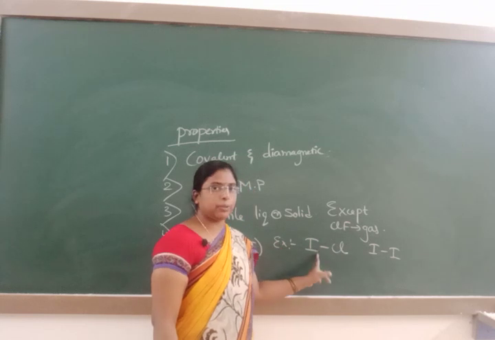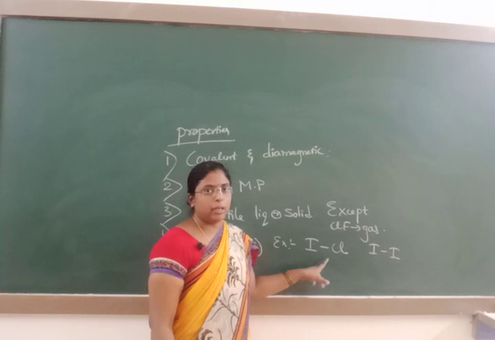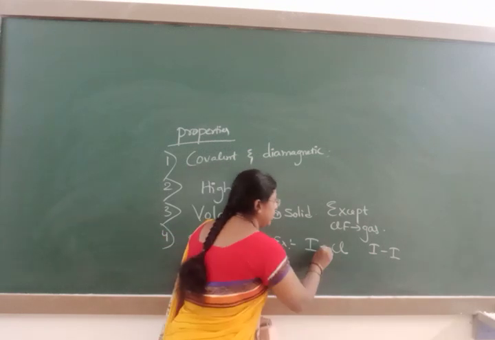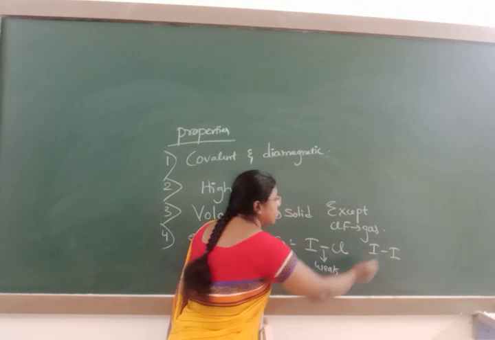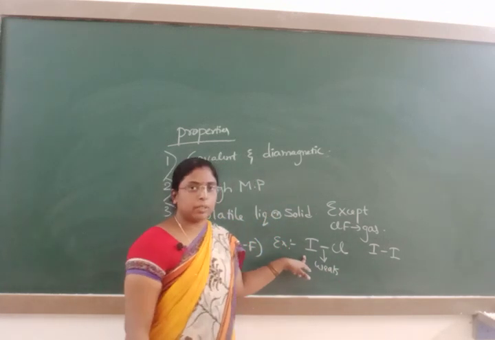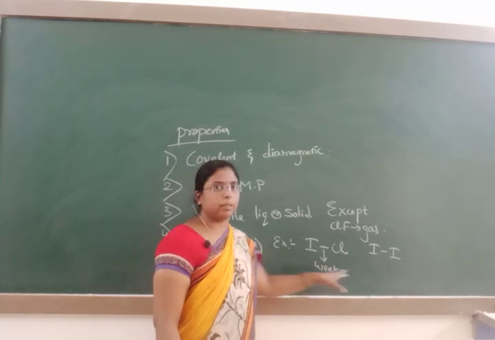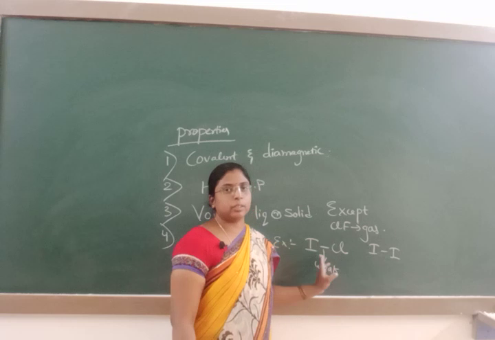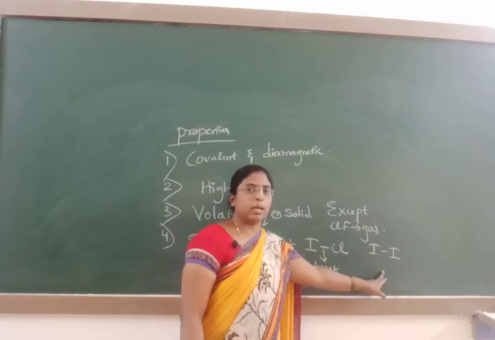ICl has two different halogen atoms with a difference in electronegativity, and the bond is weak compared with the I-I bond. Hence, in one more question they ask: give reason why ICl is more reactive than I2. ICl is more reactive due to its weaker bond compared with I2.